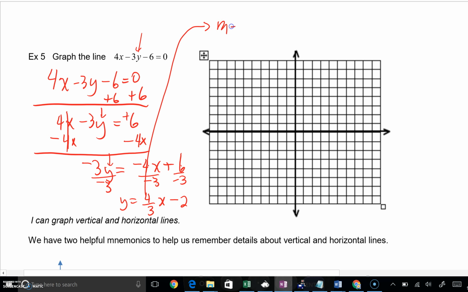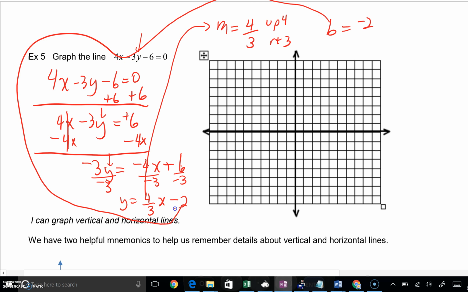Our m, our slope, is 4/3, meaning we go up 4, we're going to go right 3. Our b is going to be negative 2, and that's right over here. We begin by going 2 steps down. We always begin with that y-intercept. Then I go up 4 steps. 1, 2, 3, 4.